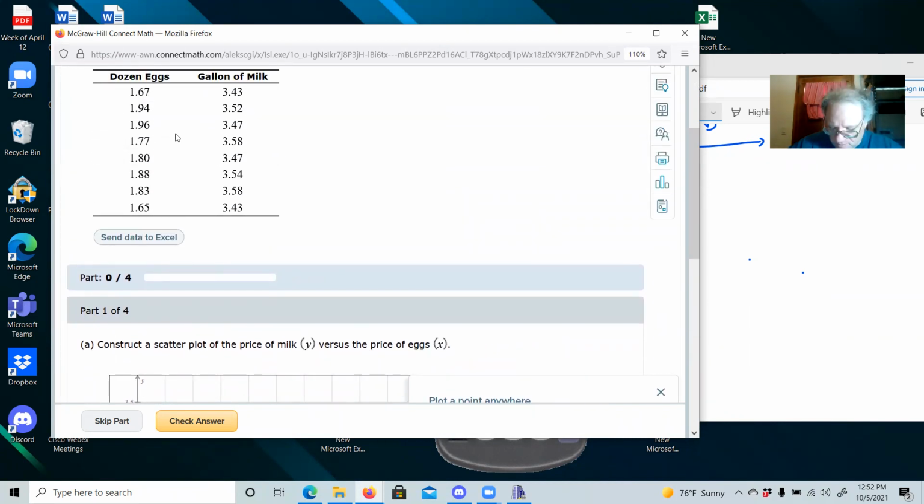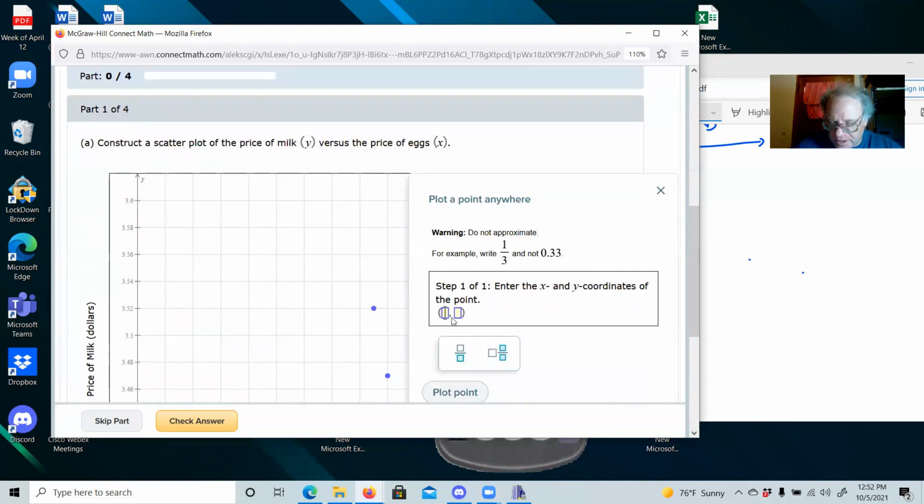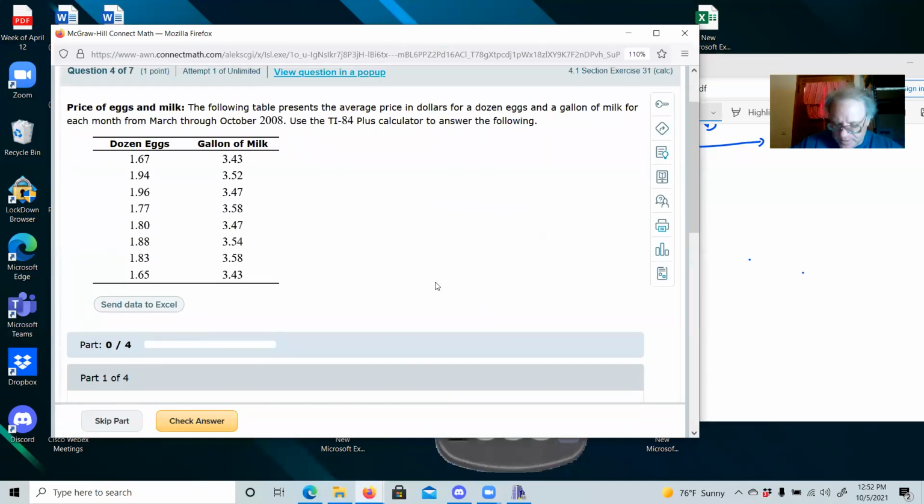And now we have 1.77 and 3.58. That's the next one down here. So we are plotting 1.77 and 3.58. Next one is going to be 1.80 and 3.47.